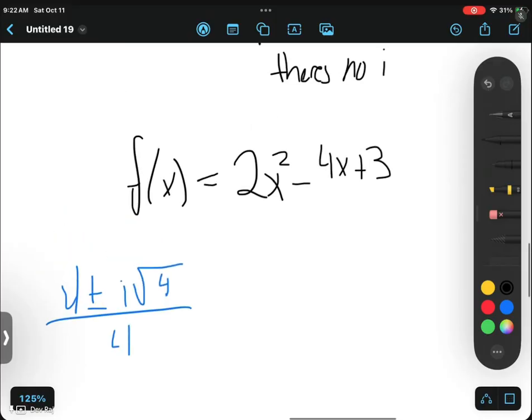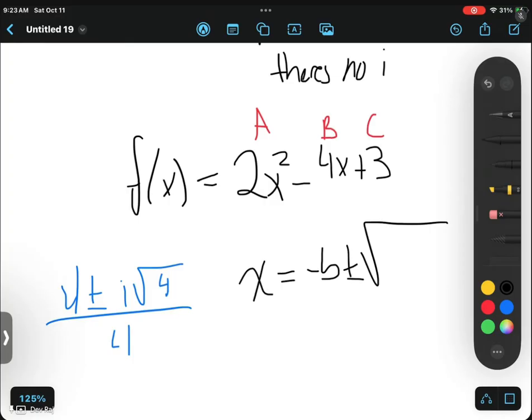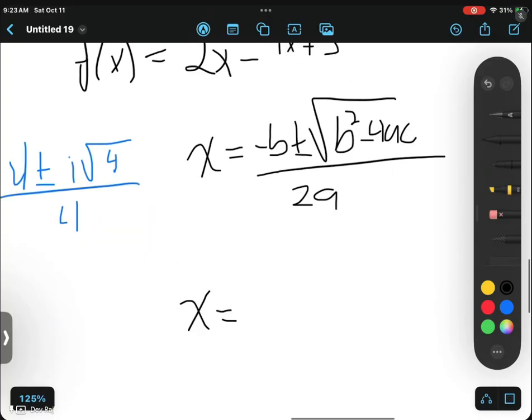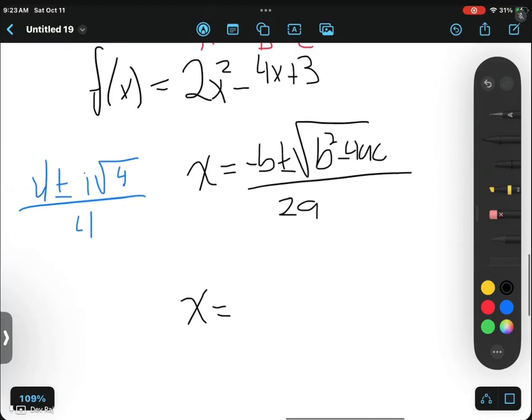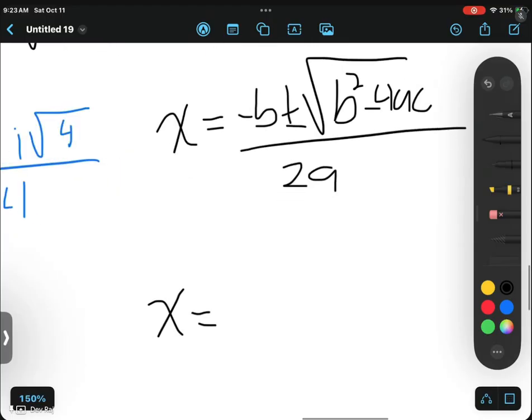So let's look at our a values. So this is our a, this is our b, and this is our c. So using the equation x equals negative b plus minus the square root of b squared minus 4ac, over 2a, we get x equals, b is negative 4, negative 4 times negative 1 is 4. Let's plug in our numbers.